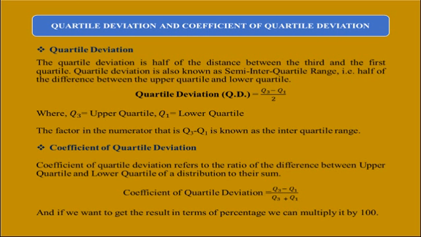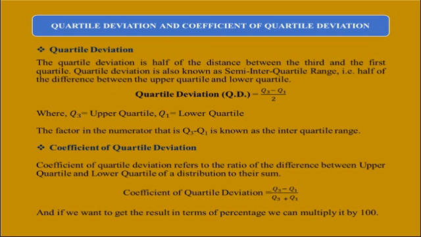Before discussing quartile deviation, we have to understand what the interquartile range is. Interquartile range is defined as the difference between the upper quartile and lower quartile of a given distribution. The formula is: interquartile range equals upper quartile minus lower quartile.